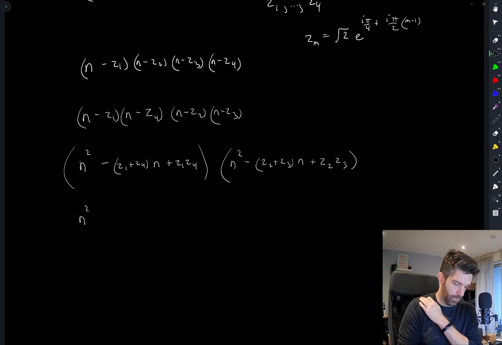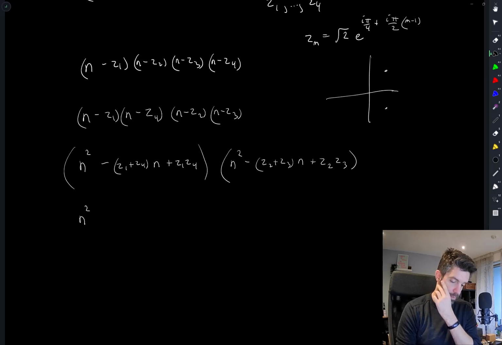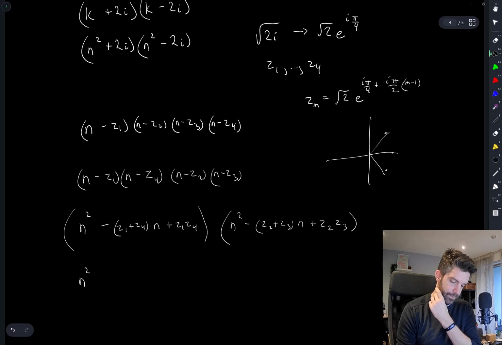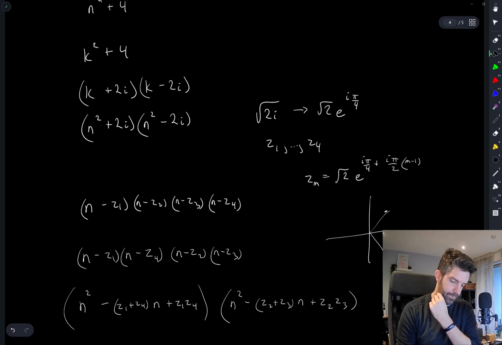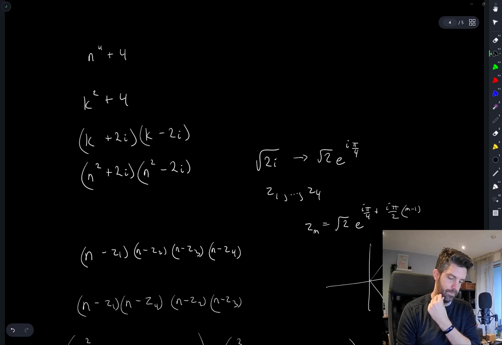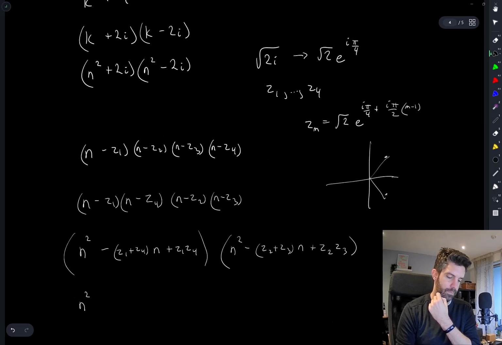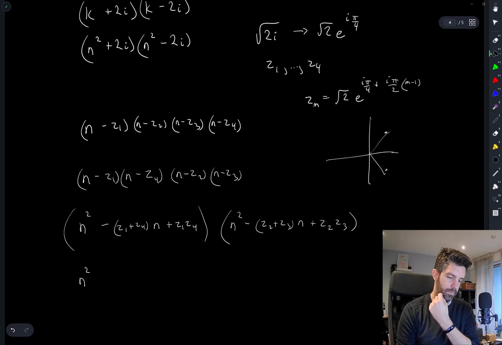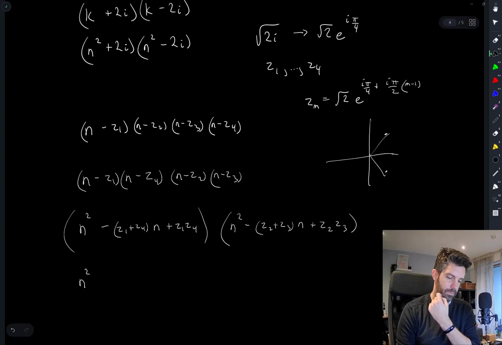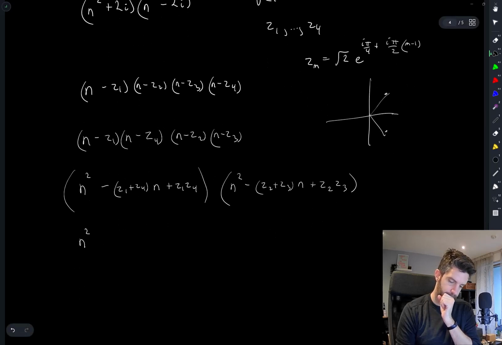Okay, so this is n squared. Z1 plus Z4 gives 2.